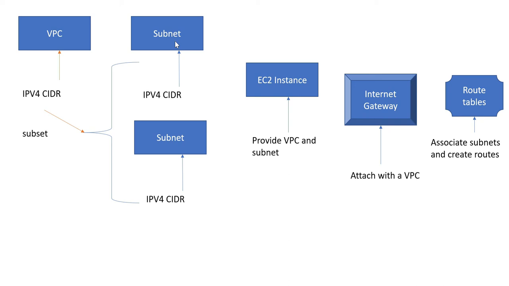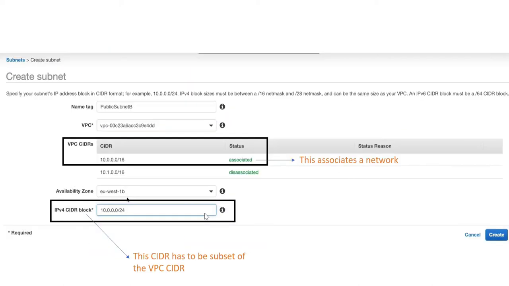First, let's look at the subnet screen and where you provide the CIDRs. You have to select the CIDRs. So where do you do that? This is the screen where you create subnets. Here we created a subnet, and in the process of creating it we gave a name tag and selected a VPC, and that VPC had two sets of networks or IPs.